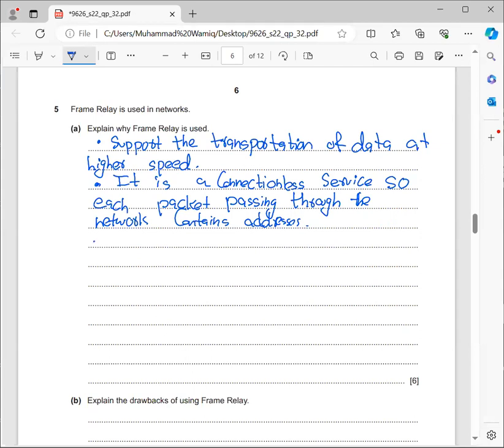The third mark point I can write here is that it supports different or variable packet size, meaning different packet sizes can be supported by it.